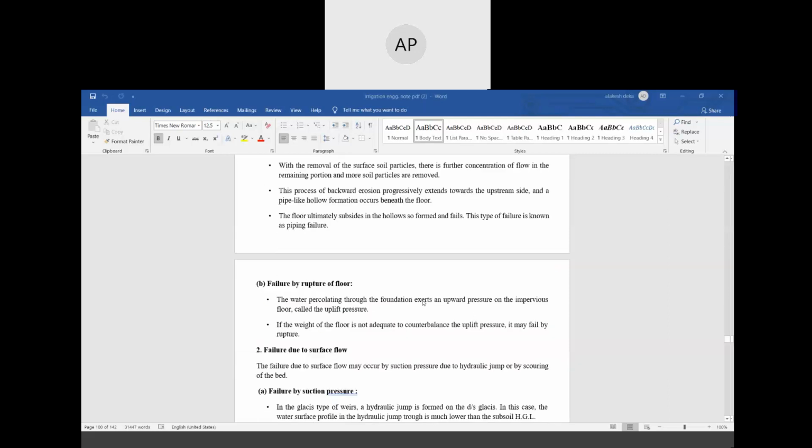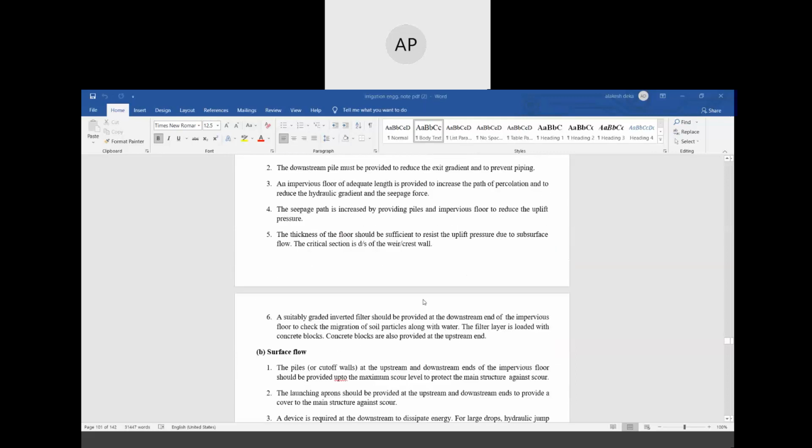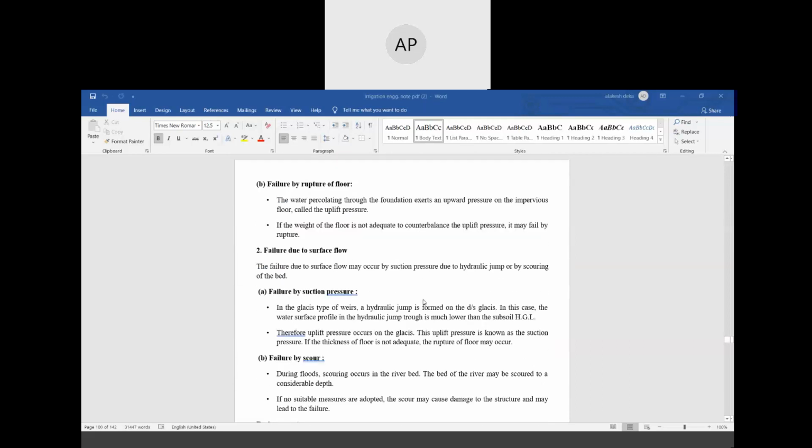Next one is failure by rupture of floor.